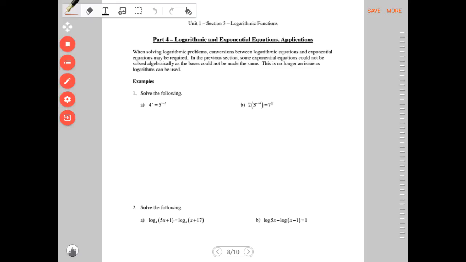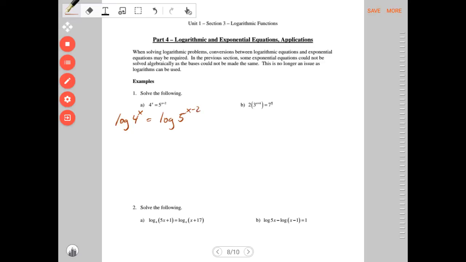Okay, so one of the handy skills that we're going to use when we solve equations like this is to take the log of both sides of the equation. So for example 1, if I take the log, we go log 4 to the x equals log 5 to the x minus 2.